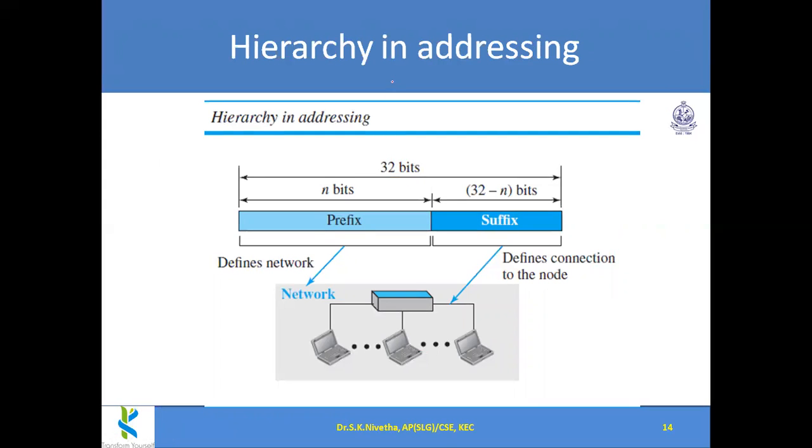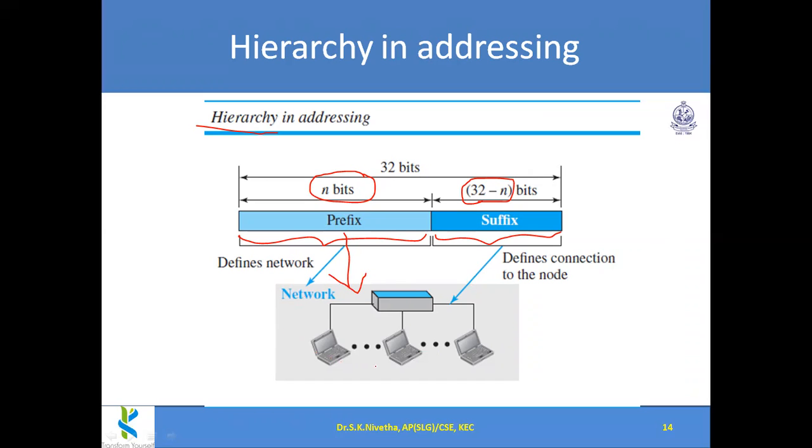Now, as I told, in every IP address there is a hierarchy with two categories. The first part is the prefix, the second part is the suffix. The first n bits represent the prefix, and the remaining 32 minus n bits represent the suffix. The prefix denotes the network.